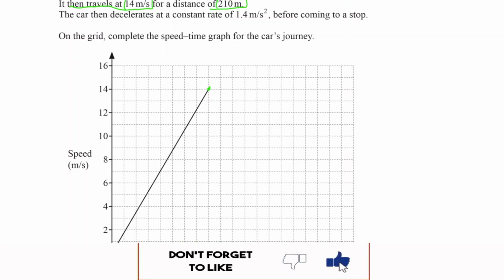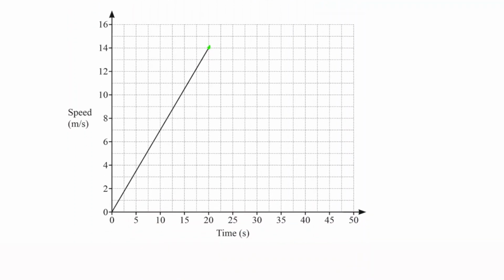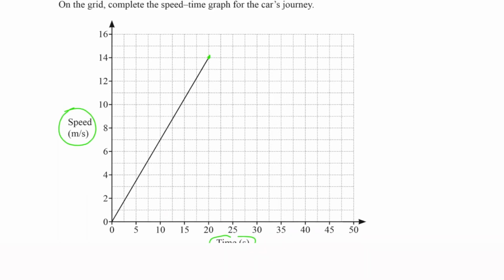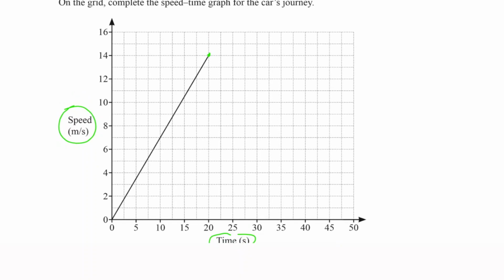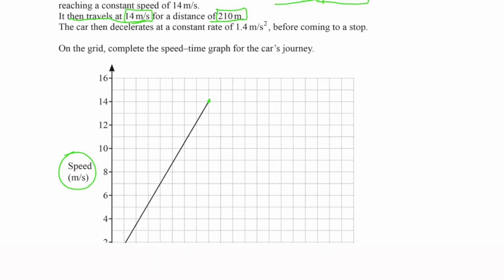So we have to plot it now. You know that the diagram is given with time and speed. It does not talk about distance, right? So we have to change into time now, because the speed is already given as 14 meter per second, and the distance is given as 210.